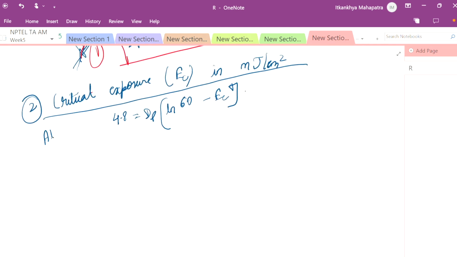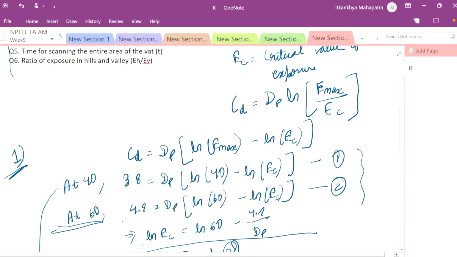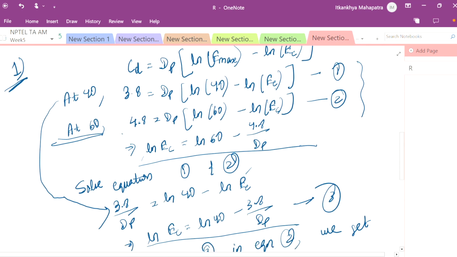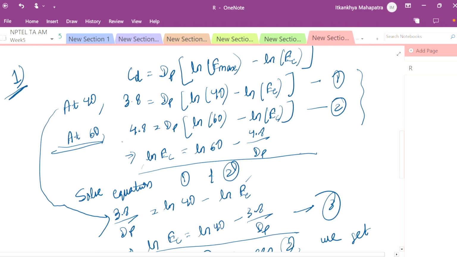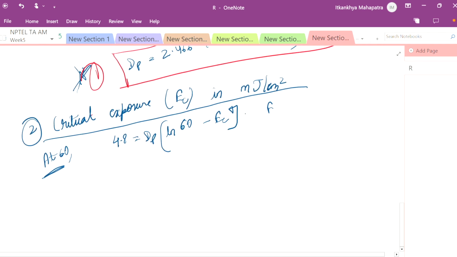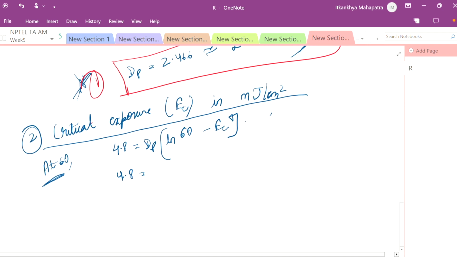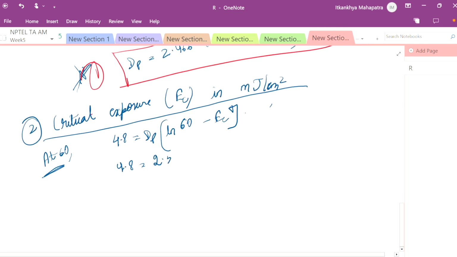So at 60, this equation we have already written further, so I am not repeating. CD is equal to dP ln Emax minus ln EC. Here 4.8, and the penetration depth we got is 2.5, so we substitute: 2.5 ln 60 minus ln EC.